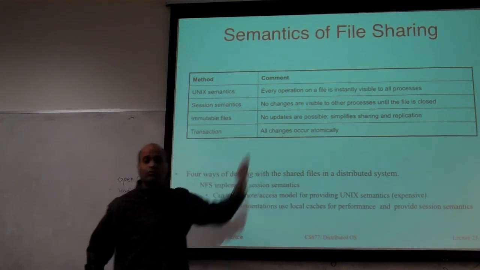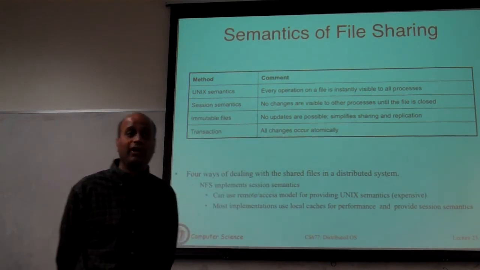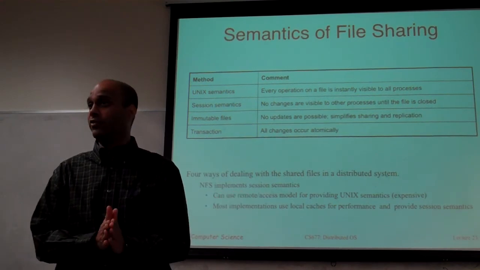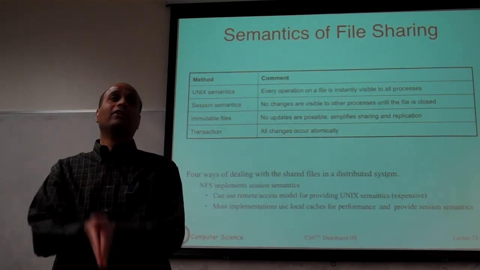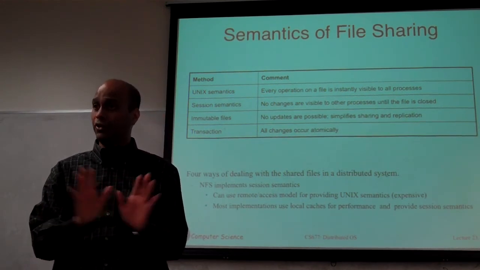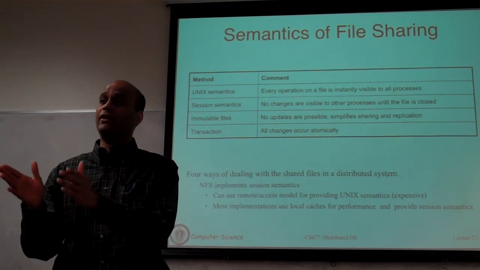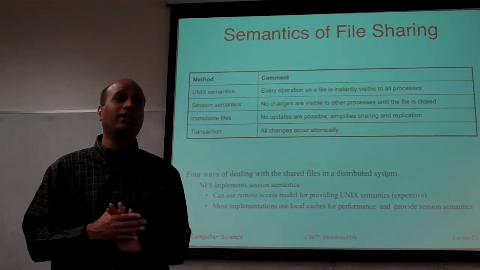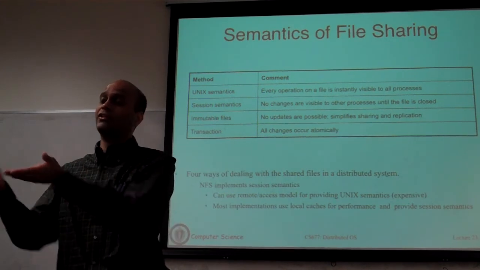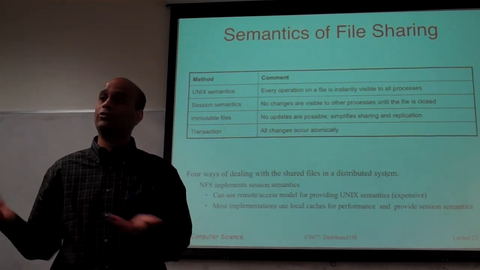In Unix semantics, any operation on the file is instantly visible to any other processes that access that file. If process A writes to a file and process B reads that file locally on that machine, any write that has just been performed is immediately visible. That's what you expect. If you write to a file and some other process reads it, you expect whatever was written to be visible.